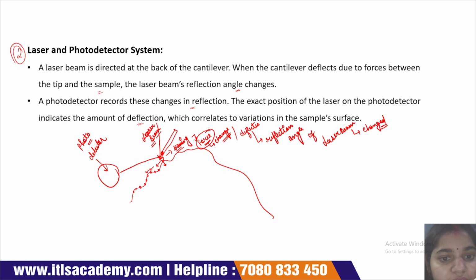Due to the deflection of the force in the cantilever, the reflection angle of the laser beam will change, and this change is recorded by the photodetector.